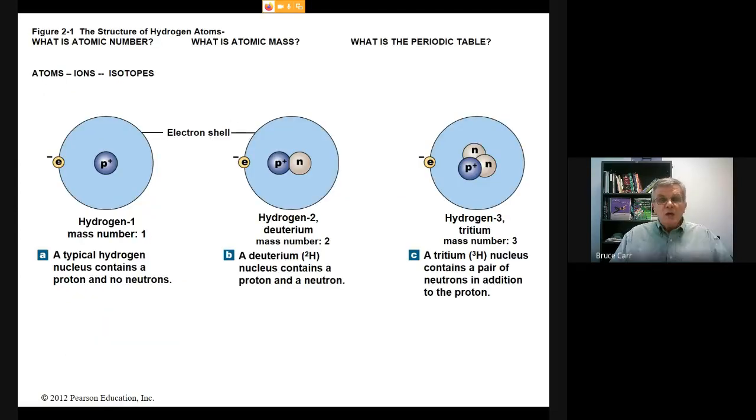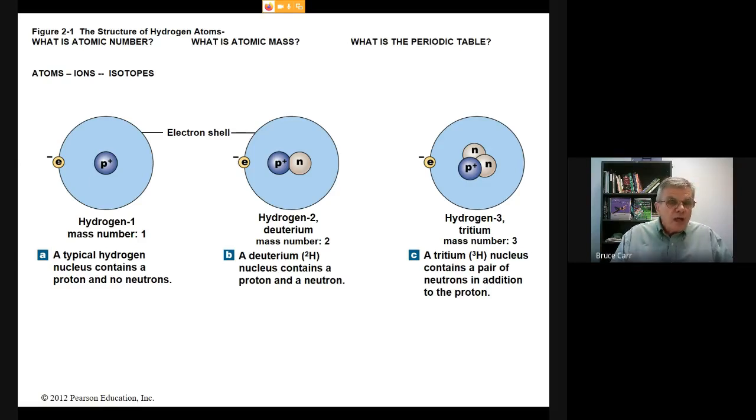Here's our standard picture of an atom. It's a terrible picture. What is it good for? It's good to show you that the protons and neutrons are in the center, in a place they call the nucleus, and the electrons orbit around them. An orbit just like the orbit of the Earth around the sun.